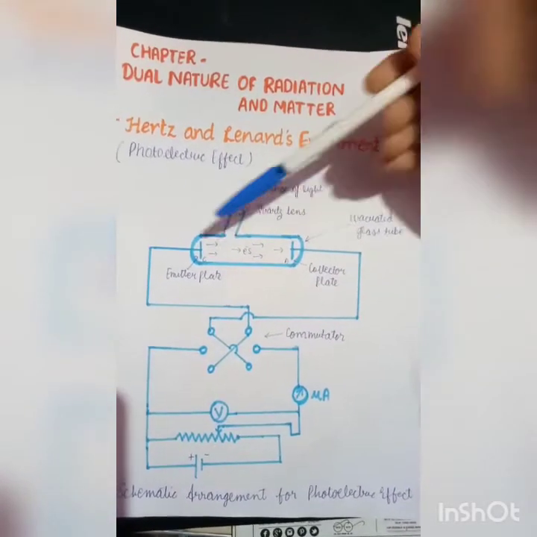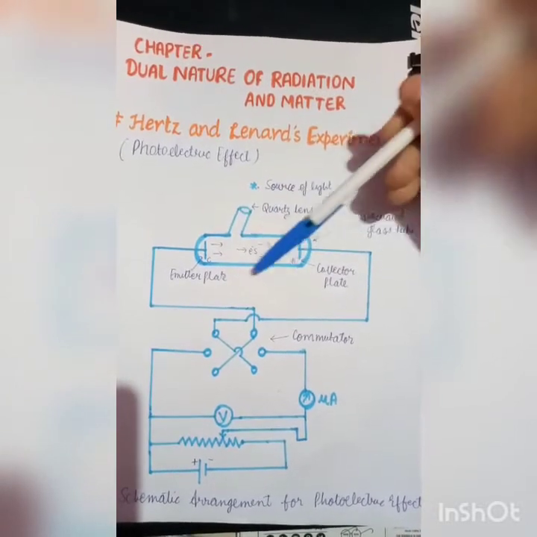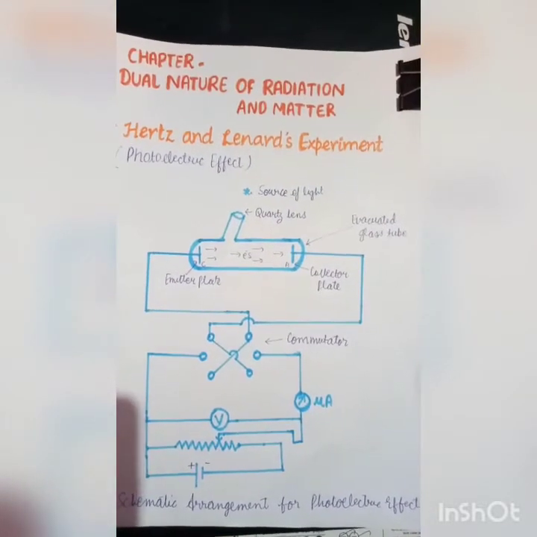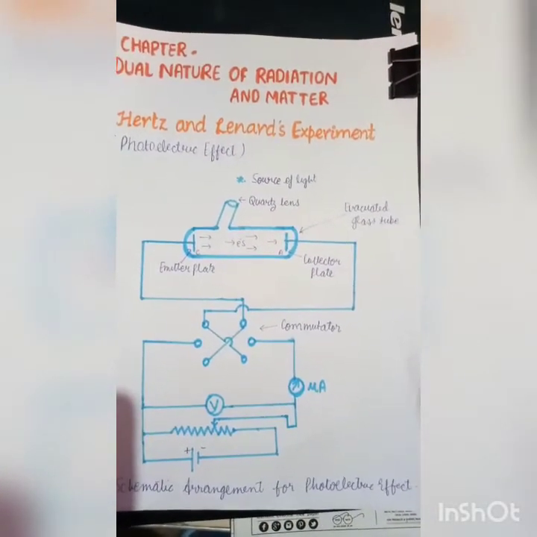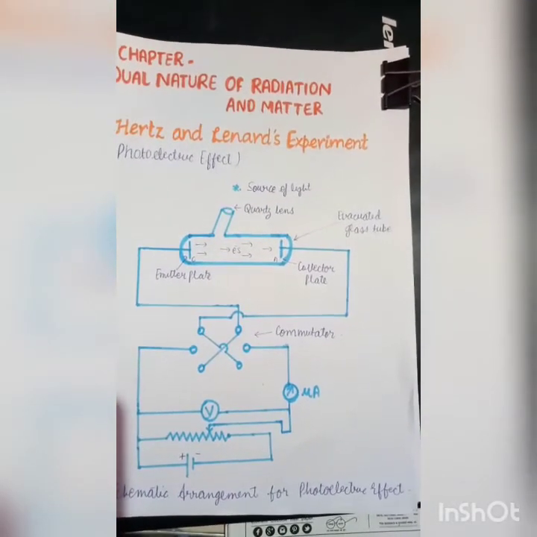In this experiment we have a cathode and an anode, and this is an evacuated glass tube. Evacuated glass tube, what does that mean? It means that there is nothing inside this glass tube except the electrons.